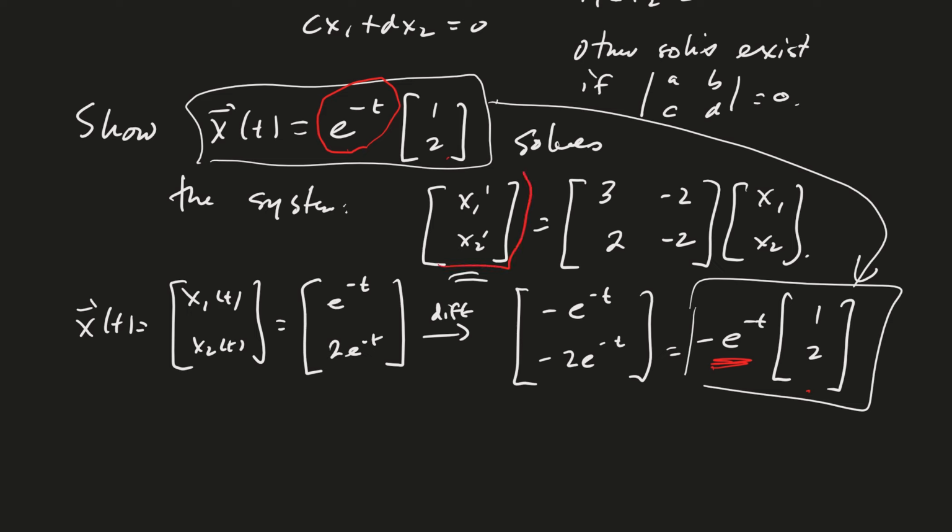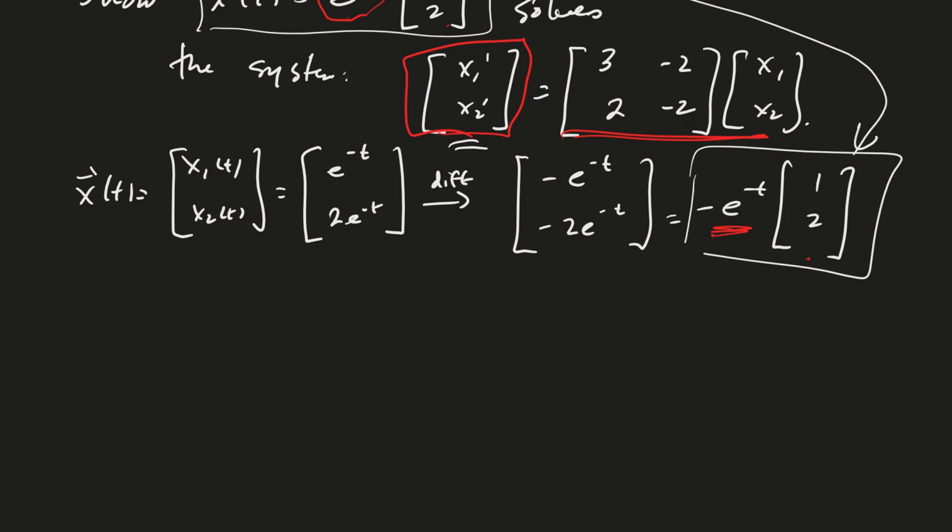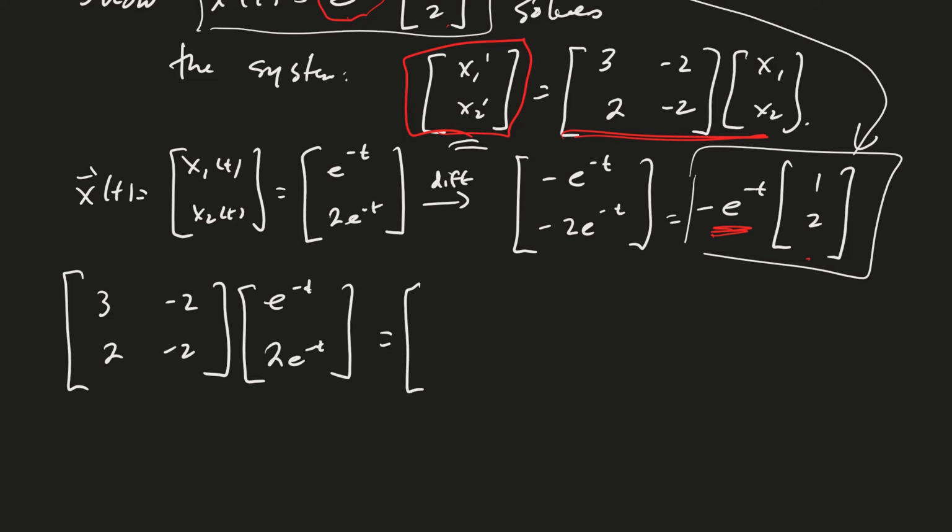So we've computed this side of our differential equation. Now we need to compute this side of our differential equation. So let's do that. So we have 3, minus 2, 2, minus 2 times our e to the minus t, 2e to the minus t. And let's compute that. So that's going to be 3 times e to the minus t minus 4 times e to the minus t.